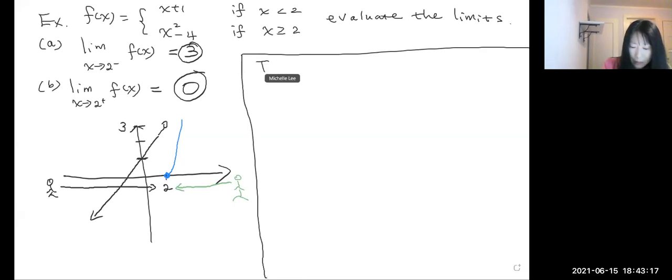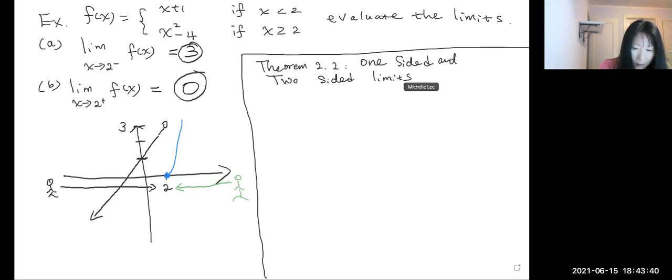So let me write down. Okay, so we have section 2.2, one-sided and two-sided limits. Okay, one side, and two-sided limit. Let me write down just this one.